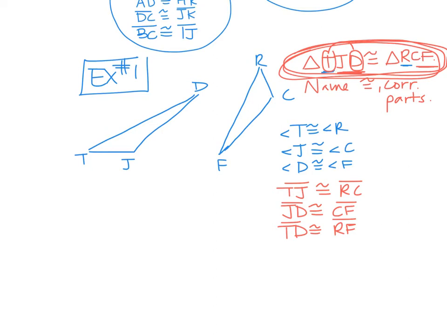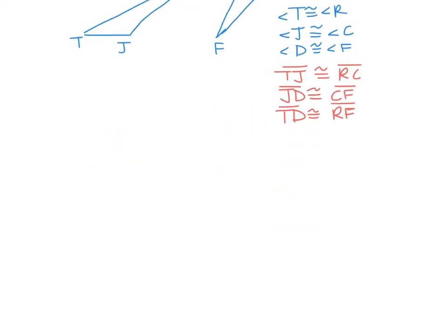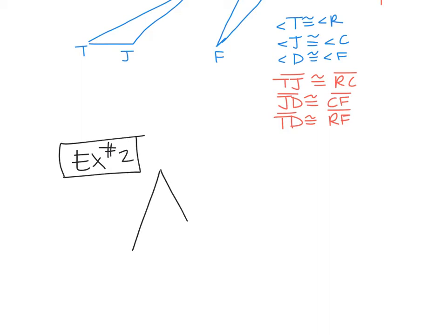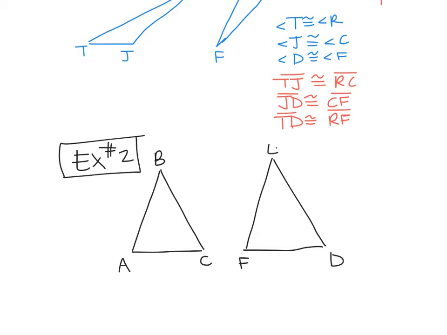Okay, so let's say we know that two triangles are congruent. Let's say we have this triangle and we have this triangle, and this is ABC, and this is F, D, and E. This angle up top is 30 degrees. And we're going to say this one down here is 74.